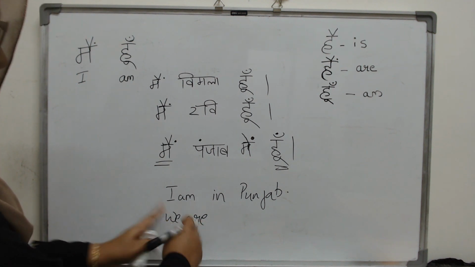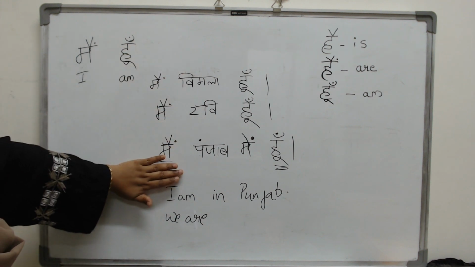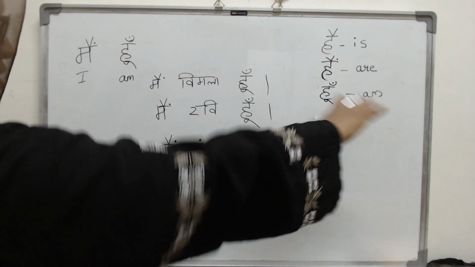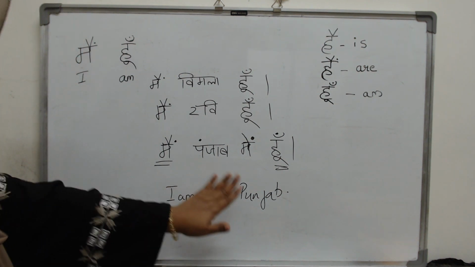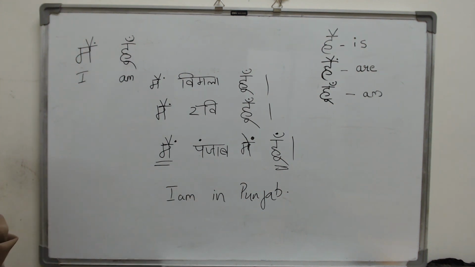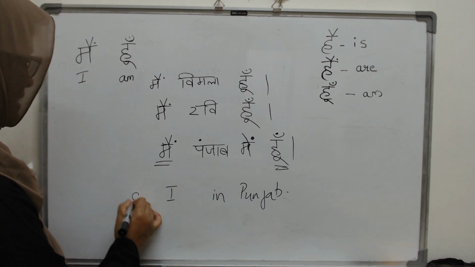They come near each other. But in Hindi, you start the sentence with the subject and at last you have the helping word. Now, coming to this, I am in Punjab means I'm sure I am in Punjab. I'm seeing all the green fields and for sure I think I am in Punjab. But then I have a doubt. I ask myself a question.